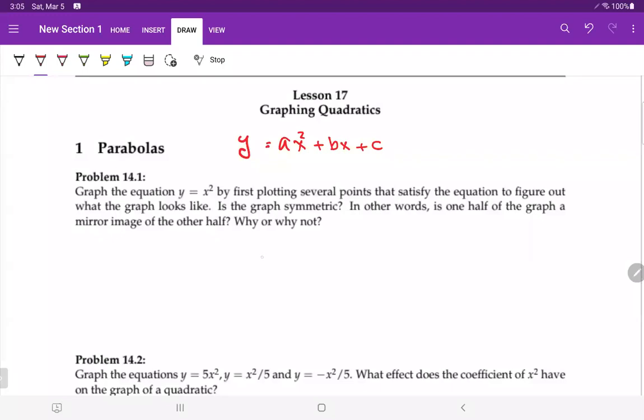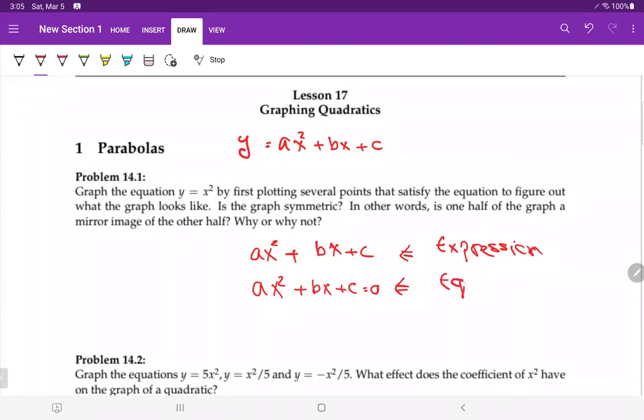We started with this. Then we said we have an equation. So this is an expression, okay? The first one is a quadratic trinomial or expression. This one is a quadratic equation, okay?